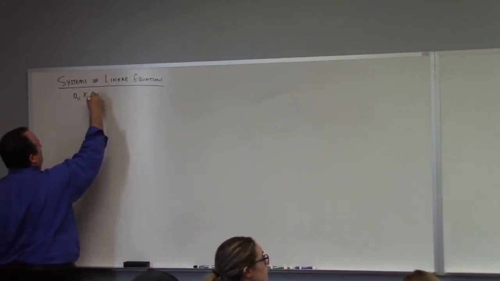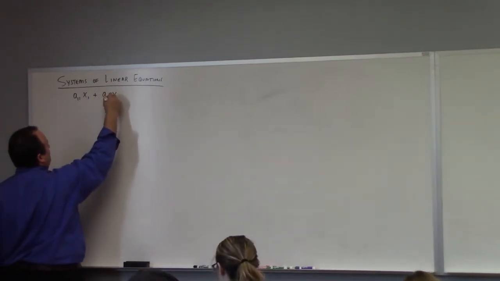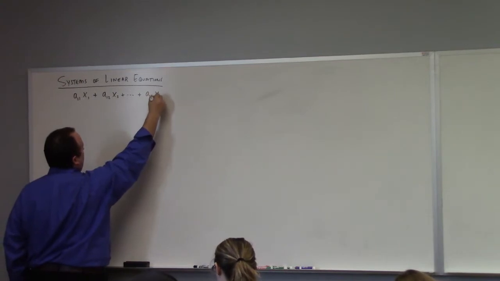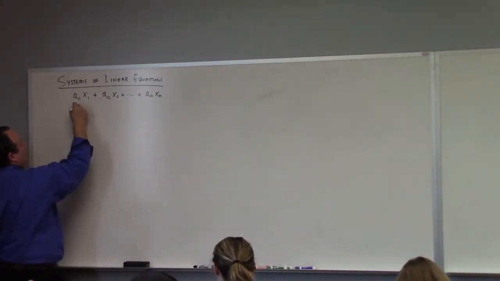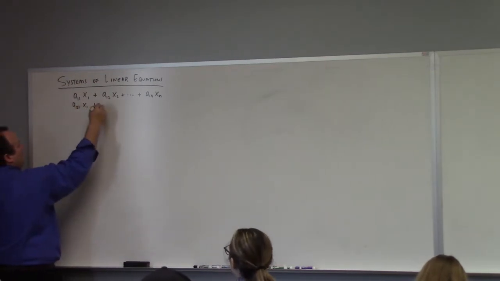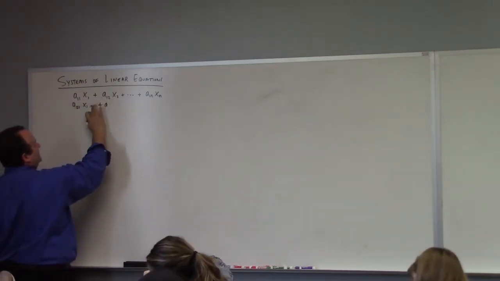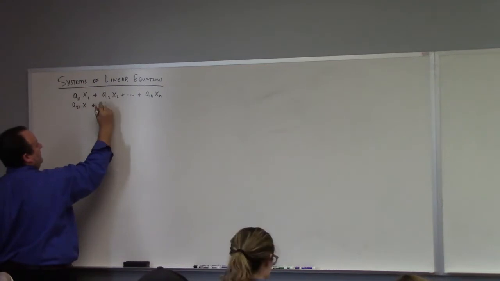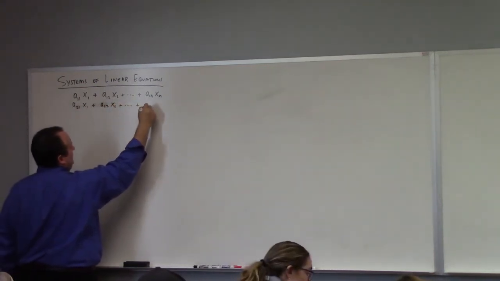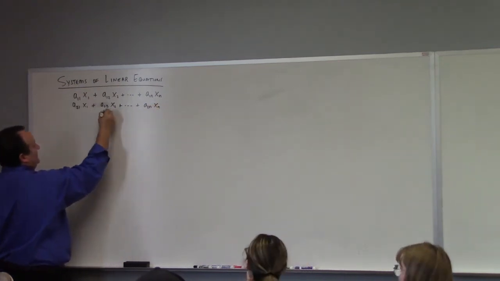A11 x1 plus A12 x2 plus dot dot dot plus A1n xn, and then you've got A21 x1 plus A22 x2 plus dot dot dot plus A2n xn, and this goes on.